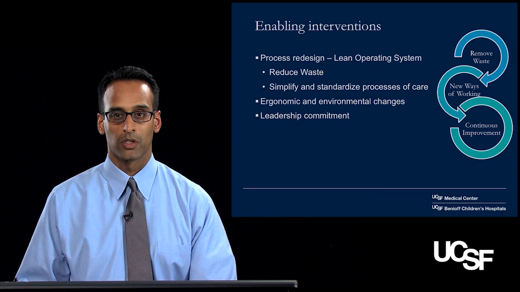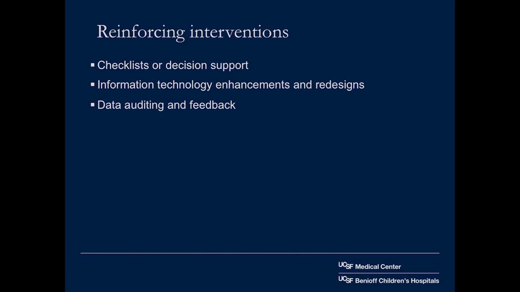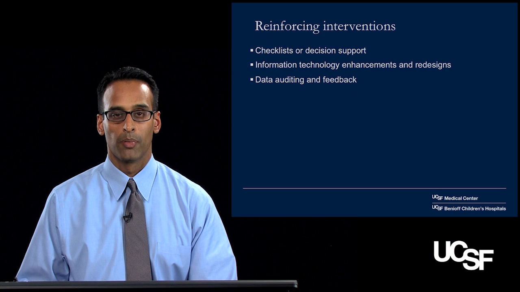These types of interventions facilitate performing the right thing every time. Reinforcing interventions facilitate performing standard work by reinforcing and rewarding the right behavior. Data auditing and feedback is a very powerful reinforcing intervention, both in order to highlight successes and to draw attention to areas which may need more assistance.